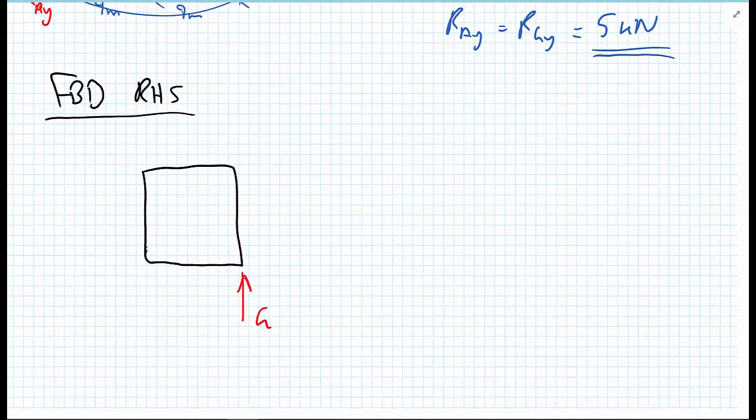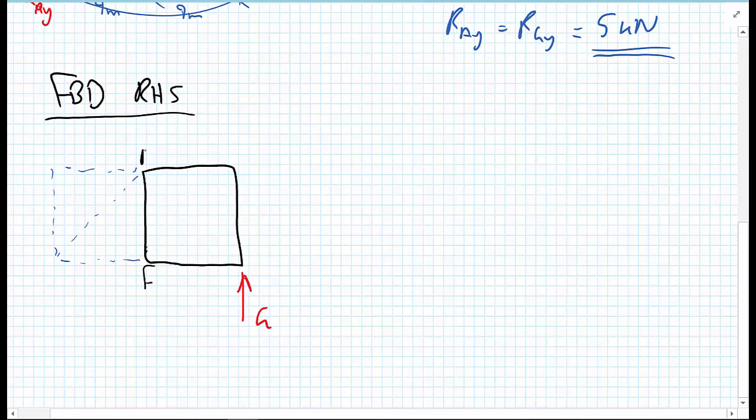It's easier if you imagine, we'll go a dotted line, where we continue the rest of the structure as though it's not been cut off from where we are. So these would be point F, point M, and point G, where we have the reaction force, and for completeness add in the extra point N as well.